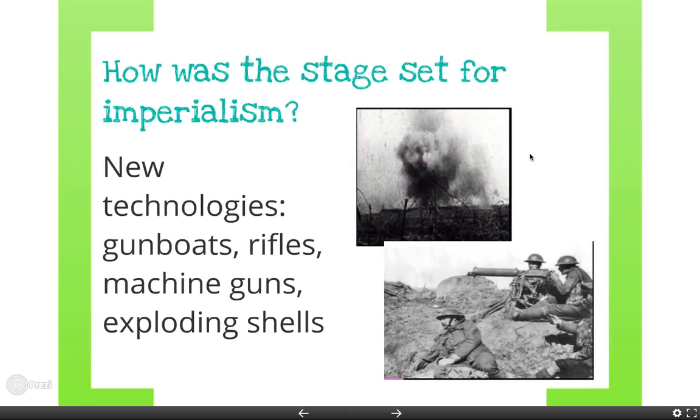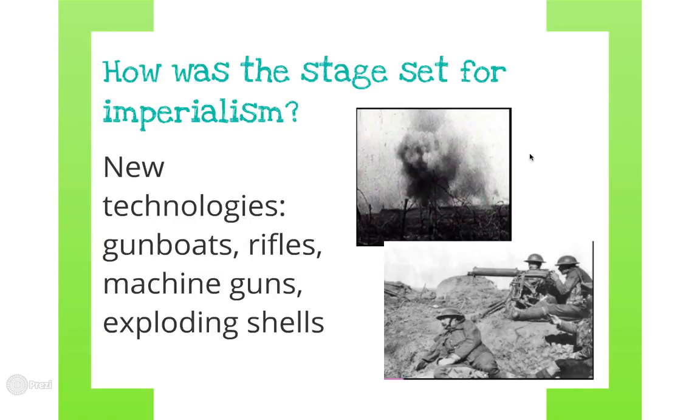So how do we set the stage for imperialism? What you have to understand is that there are new technologies: gunboats, rifles, machine guns, and exploding shells. When Europe and even the United States advance in their technology, then they're able to take over other countries that may not have the weapons or don't have as many weapons.